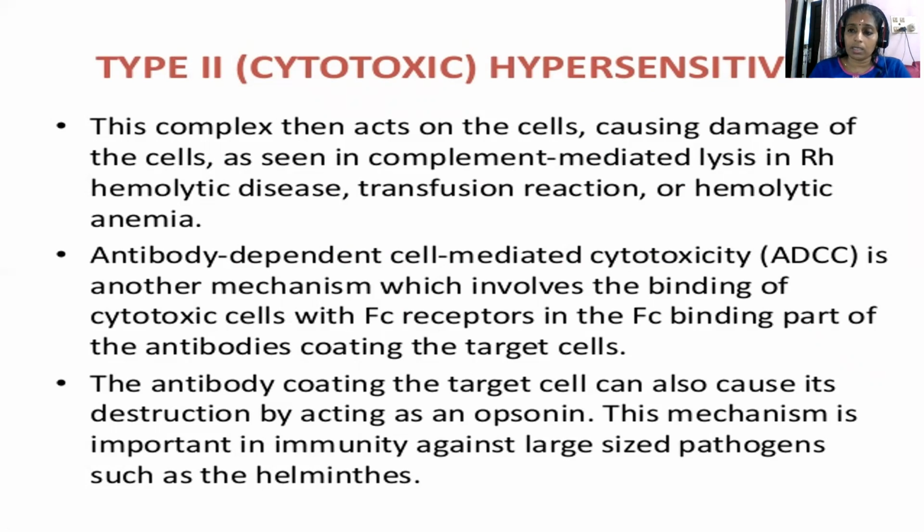Here the antigen-antibody complex is formed and the complement acts. Immediately, the antibody from the other patient will target and kill the blood cells carrying the antigen. Suppose we take blood from the B group individual. The B group individual's blood can damage the A group receiver's blood system. So that is called a transfusion reaction or hemolytic anemia.